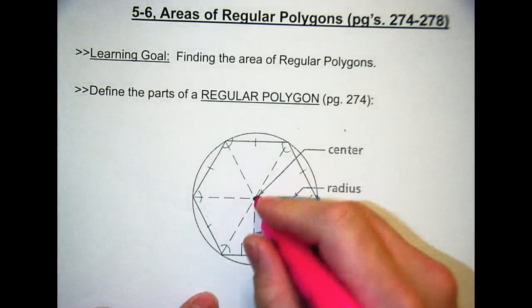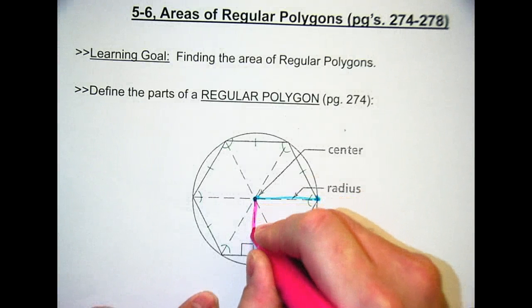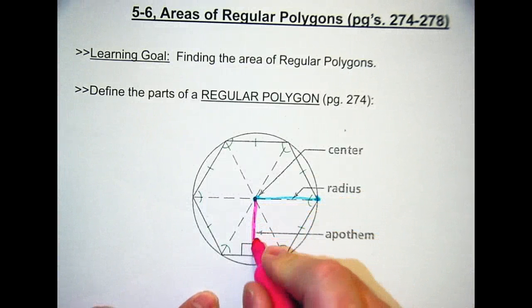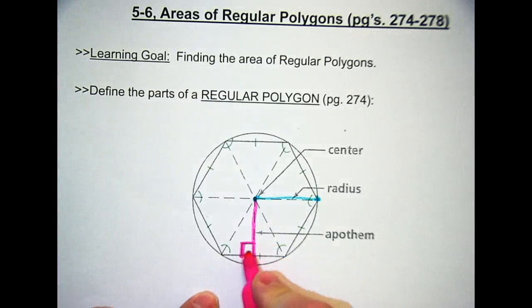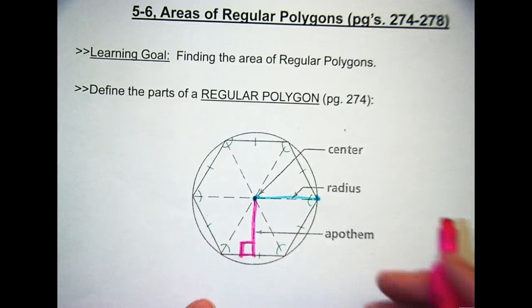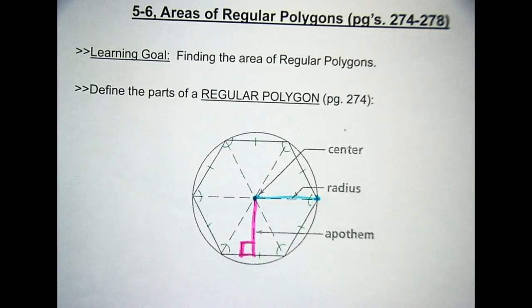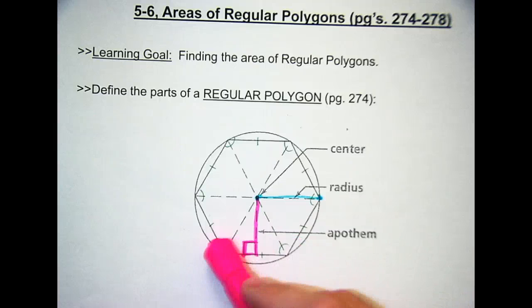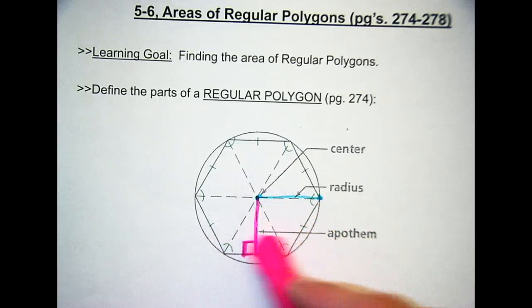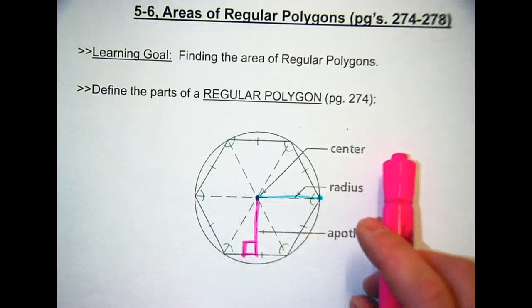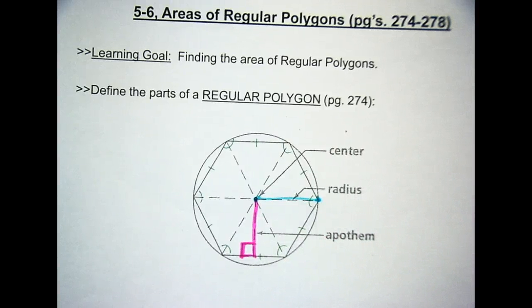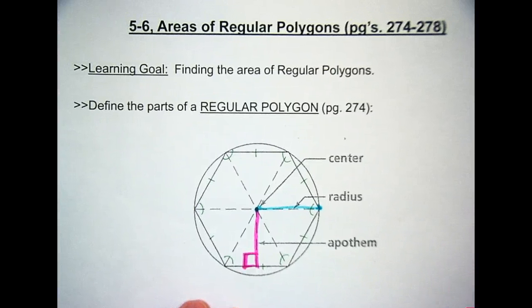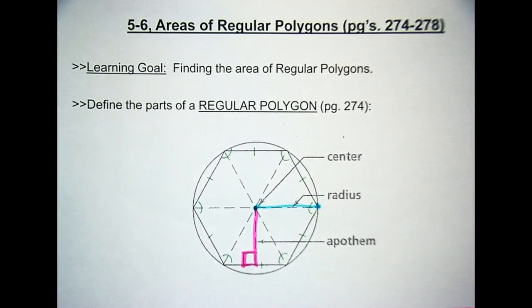The apothem is the height of your regular polygon from the center out to one of its sides. It's like the height of one of these congruent triangles in here. That we call the apothem. It's a cool name. You can name your animals it, or if you get a new cat for Christmas, call it apothem.